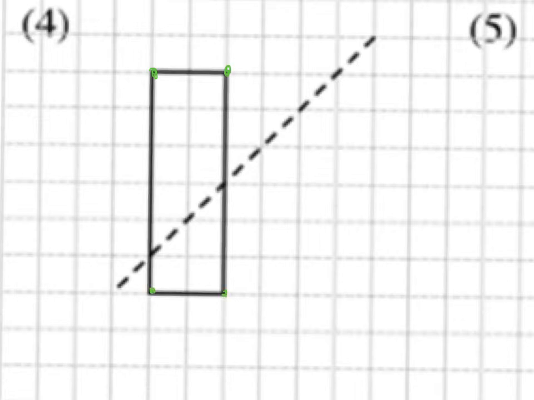Well, our shortest distance in a perpendicular direction would take us through this. So we could count, notice this is 1.5 units. So this distance right here is also 1.5. Again, it would have to be a perpendicular line, which we would use.